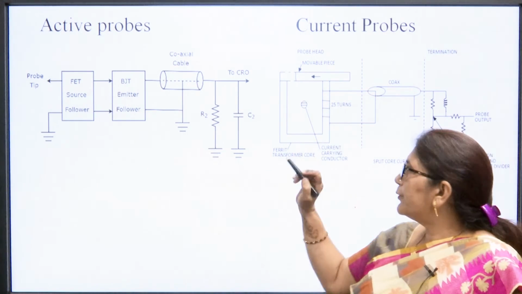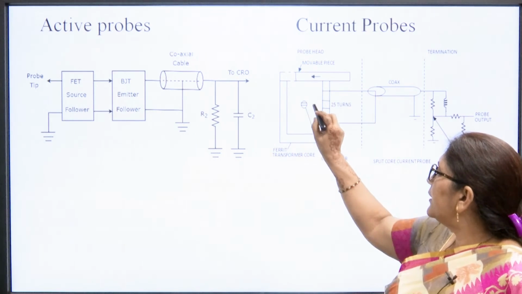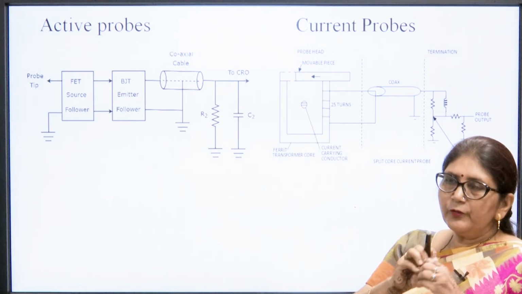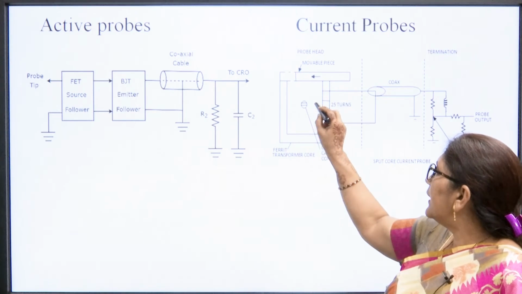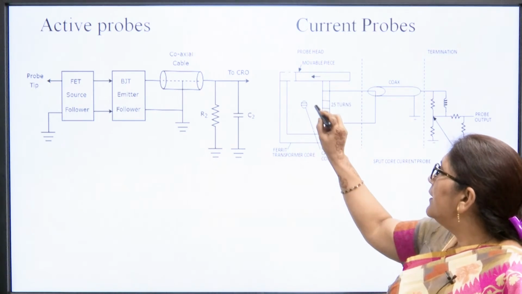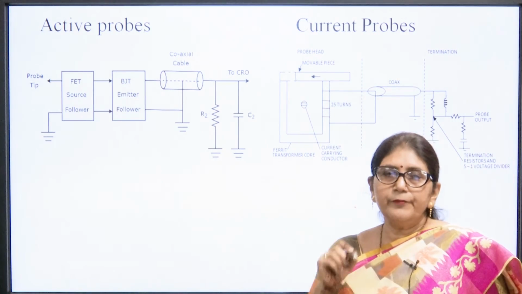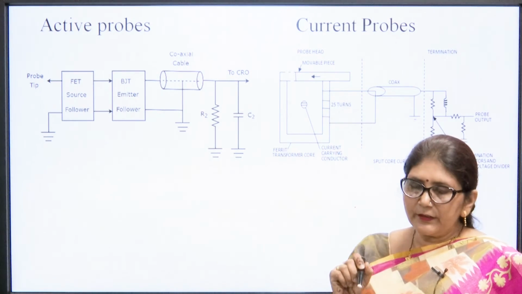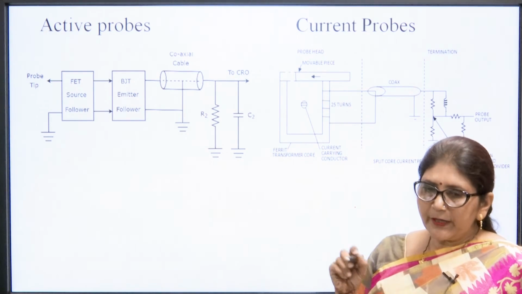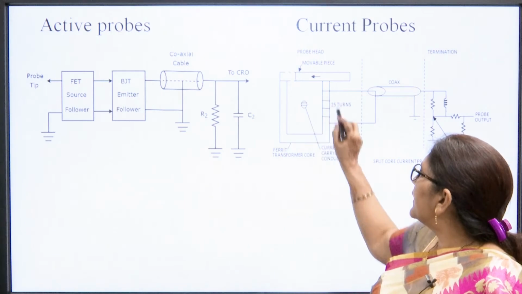Similarly, there is the current probe. When we want to measure the current of any instrument, we put the probe around the conductor. We know that if there is a change in current in a current carrying conductor, it will form an electromagnetic field.